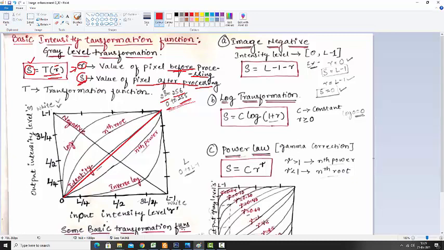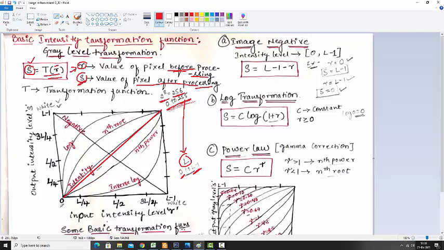And since this one is acting on gray level values, which contain 2 to the power 8 values, 2 to the power 8 means 256 values. So it starts from 0 to 255. This one is actually the L. If I represent it with the help of L, then the value will start from 0 and move towards L minus 1.